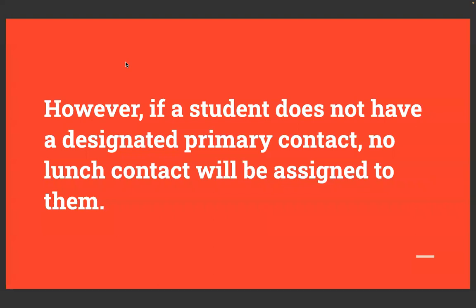However, if a student does not have a designated primary contact, no lunch contact will be assigned to the student. So then you can go in and manually enter a lunch contact for that student, or add a lunch contact for the student. Or as your case might be, as the food service professional, you might just alert somebody in the front office that handles enrollment to attach a lunch contact to a student.